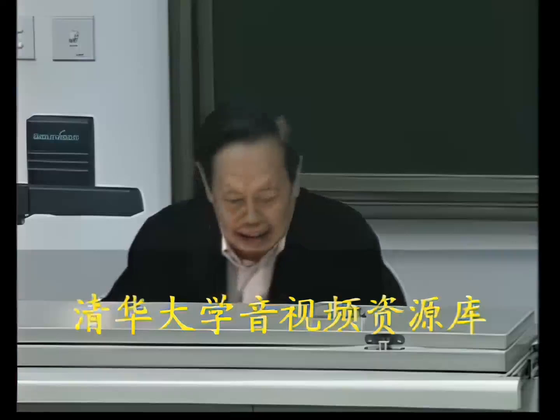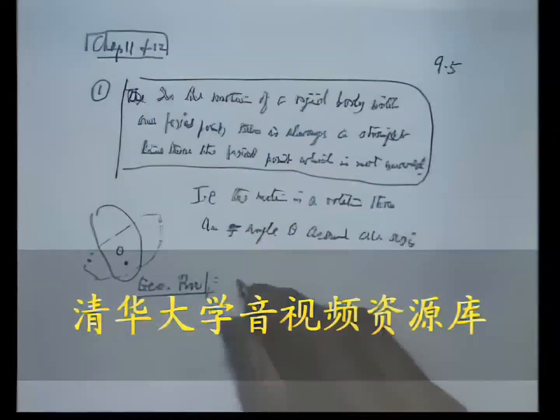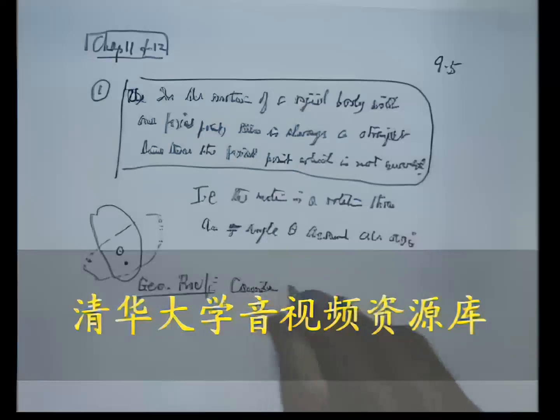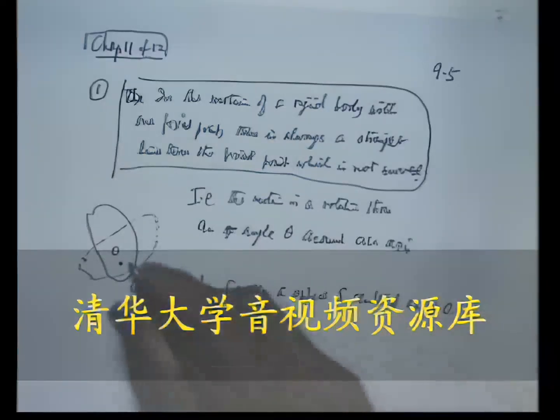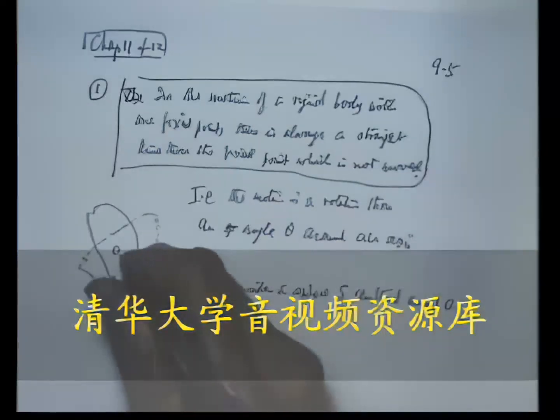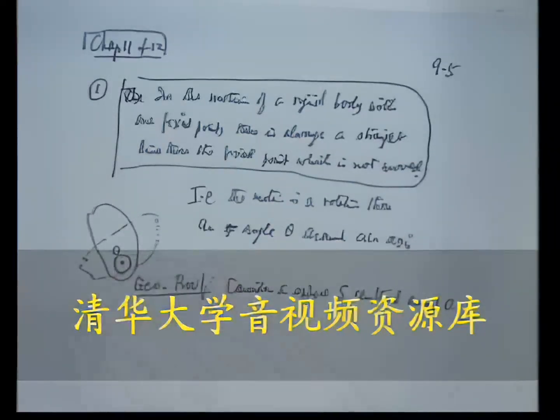So therefore, consider a sphere S centered around O. If that point is not changed, then that sphere, so S goes into S prime. So S prime is not changed.